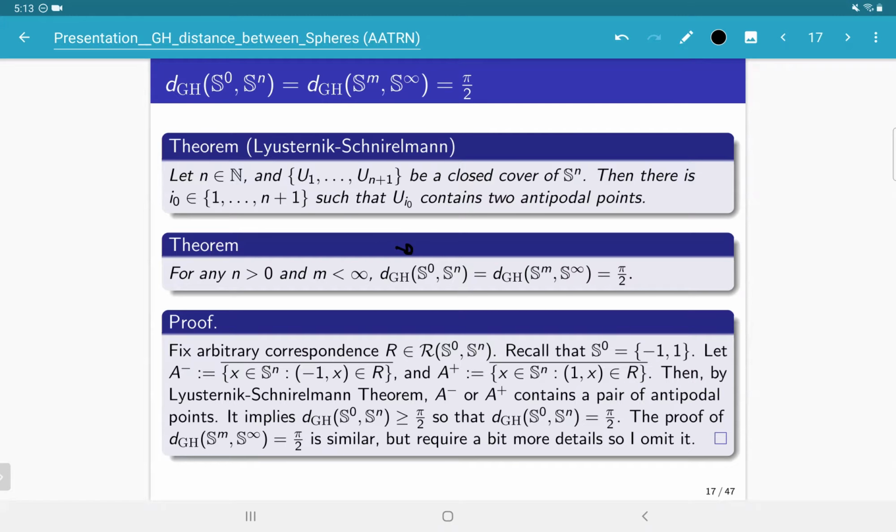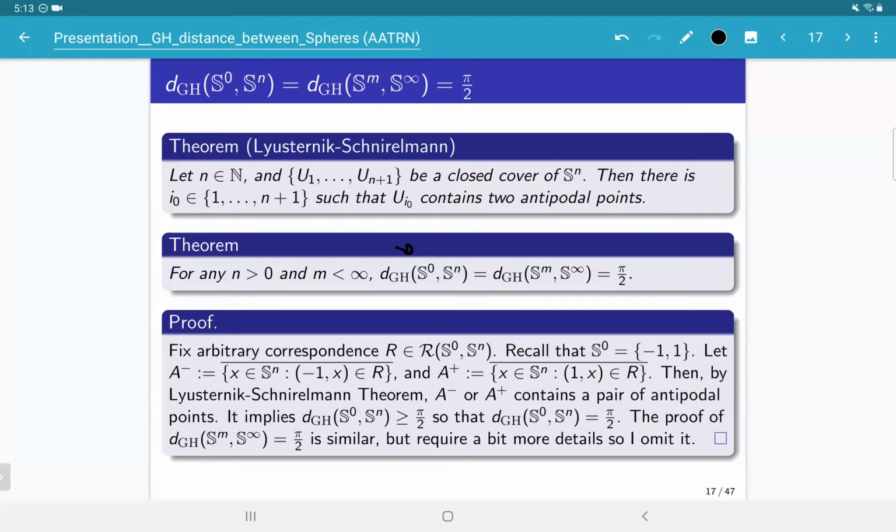One can consider the set A sub minus, which is the closure of all the points x in Sn such that (-1, x) belongs to this correspondence R. In a similar way, we can also construct a set A plus, which is the collection of x such that (1, x) is contained in this correspondence R. And of course, A minus and A plus form a closed covering of this Sn.